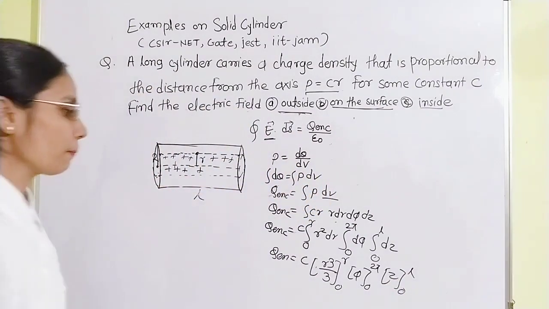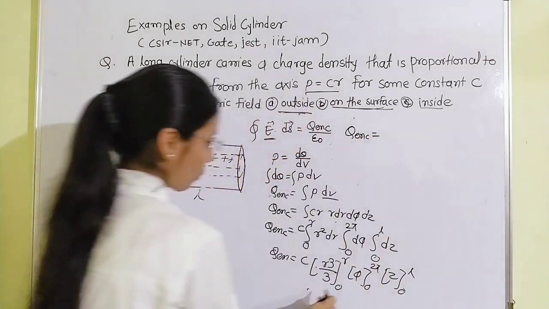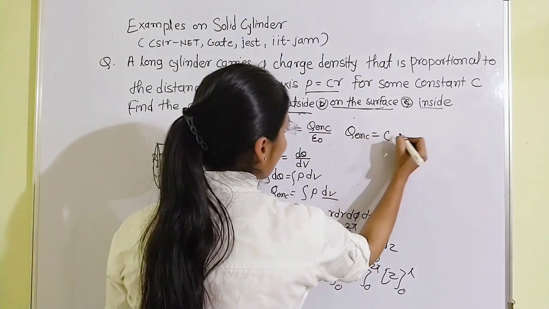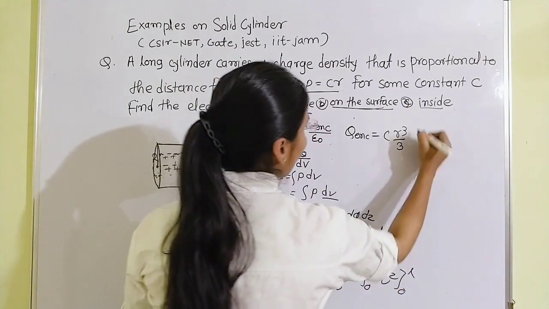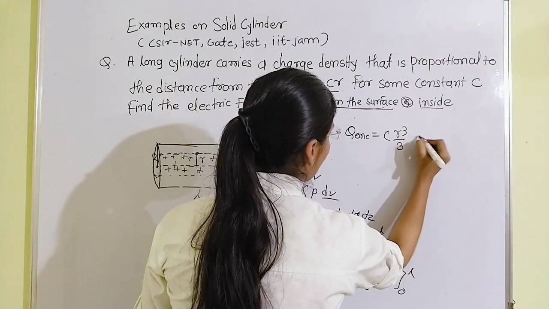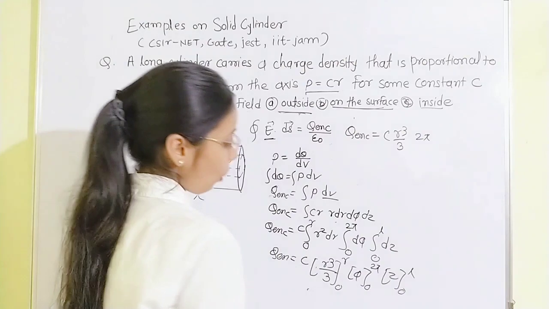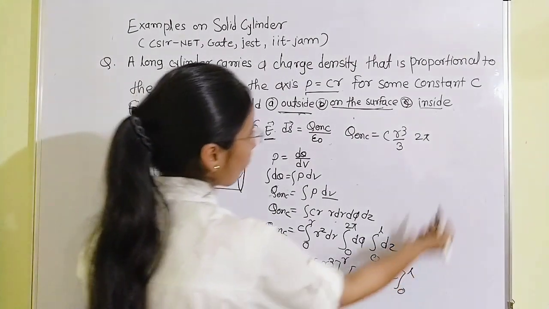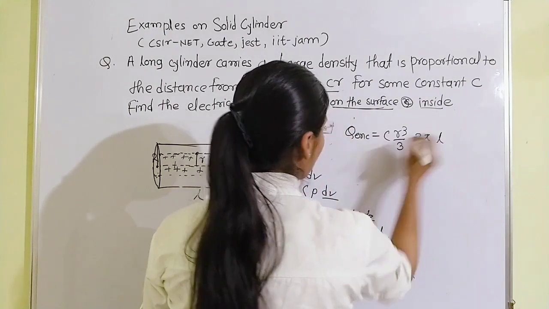So here Q enclosed is equal to, putting in these limits, C, that is r cube by 3, into the limit of phi, 0 to 2 pi, that is 2 pi, and the limit for z is 0 to L, upper limit L, lower 0.